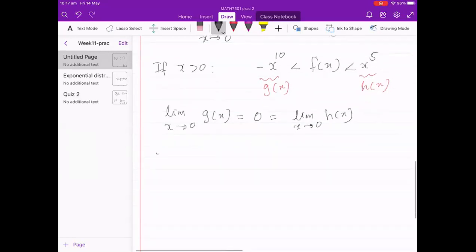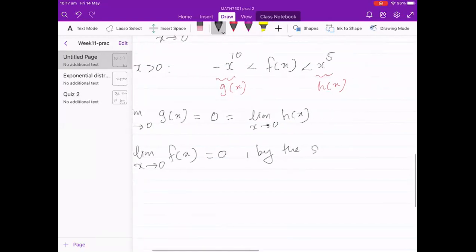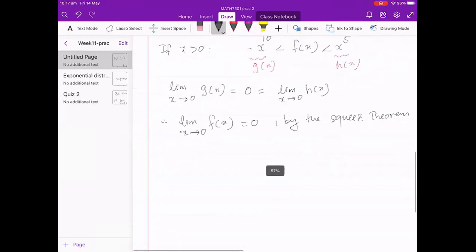Therefore, the limit as x tends to 0 of f(x) is equal to 0 by the squeeze theorem. Some people call this the sandwich theorem.